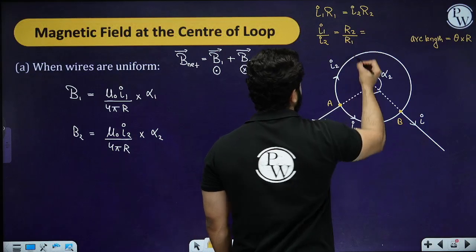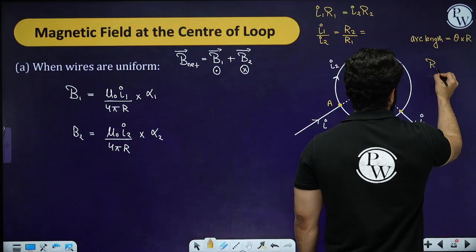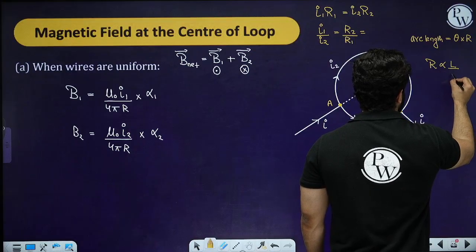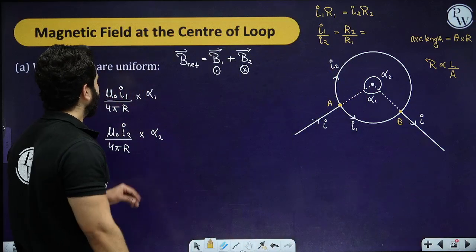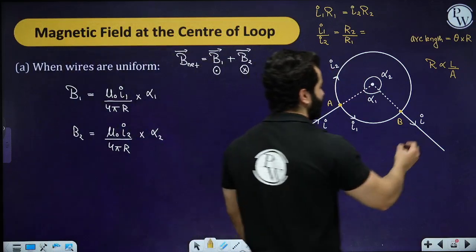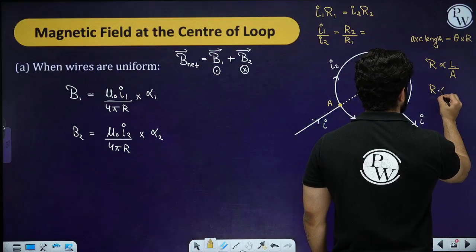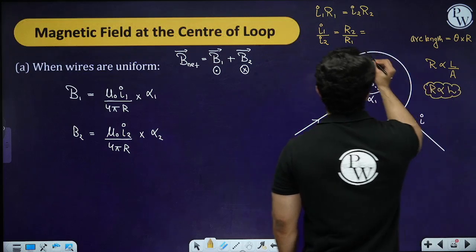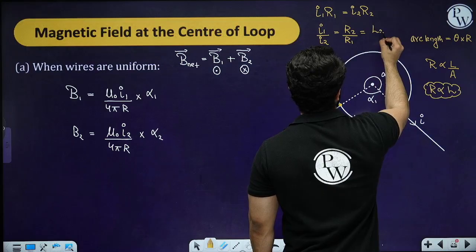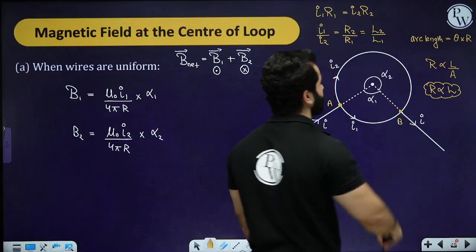And resistance, if you remember, depends directly on length and inversely on area. But because the wires are uniform over here, area is also the same. So resistance directly depends upon the length. So this will be written as L2, this will be written as L1, right?